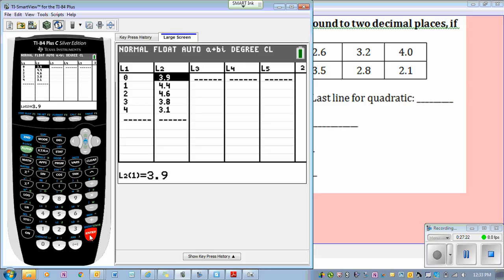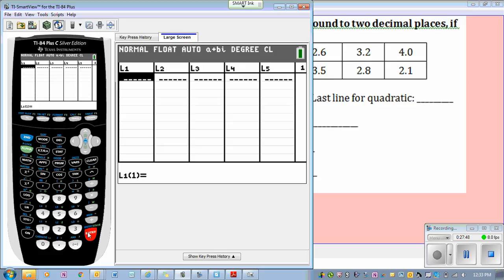What you want to do is go all the way up to L1 or L2, hit clear, and hit enter. That'll delete everything in that list. Don't hit delete though. Hit clear, enter. So now go up to L1, clear, enter.